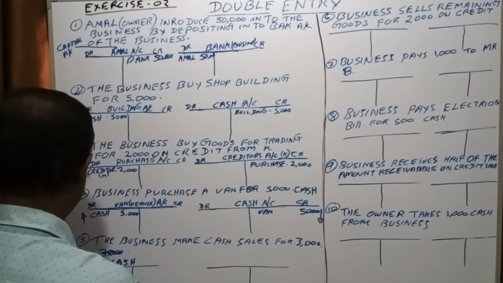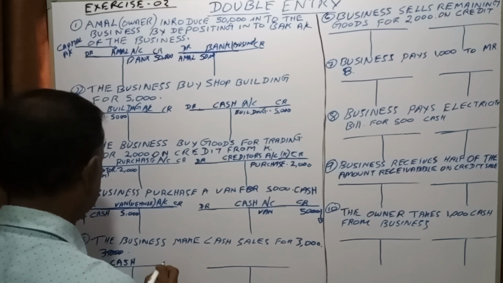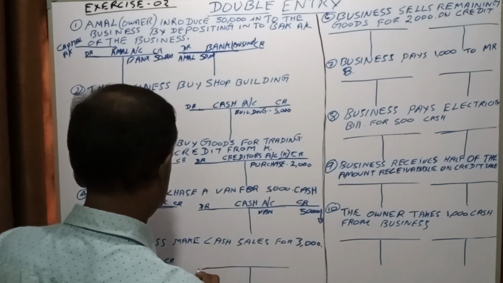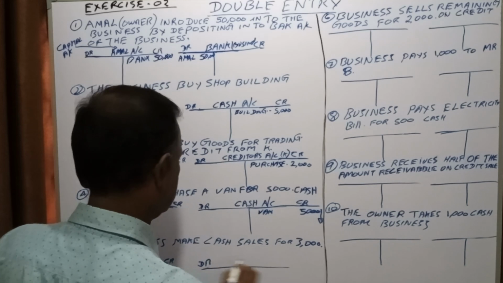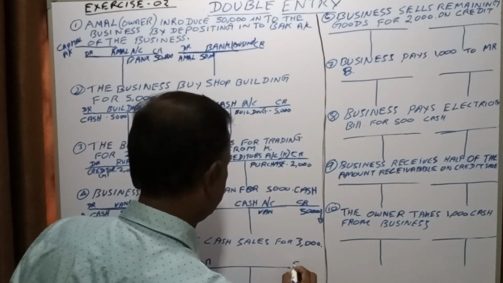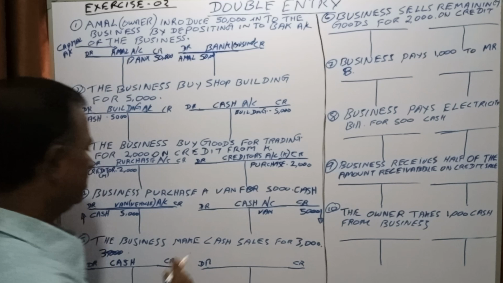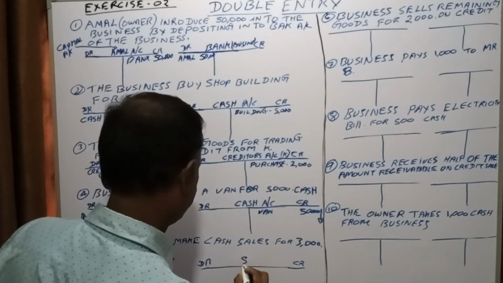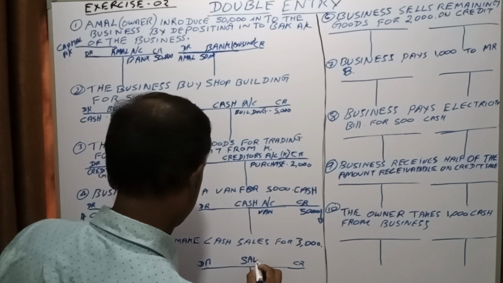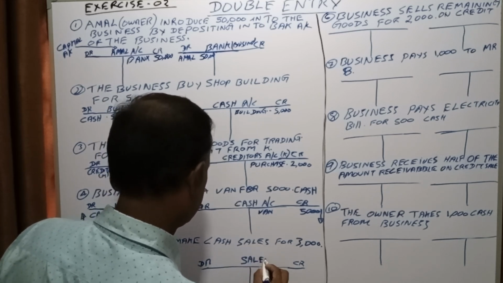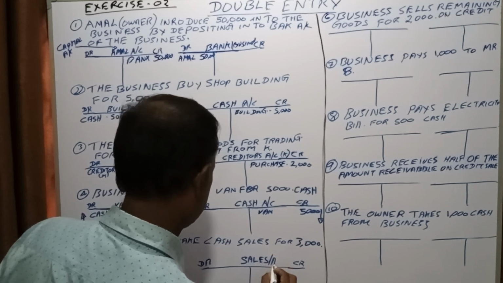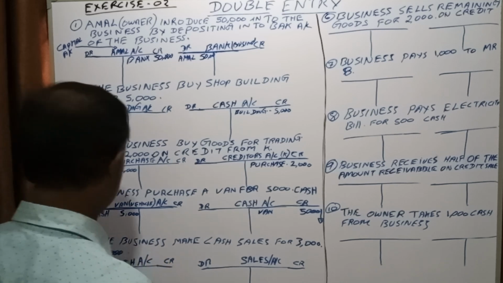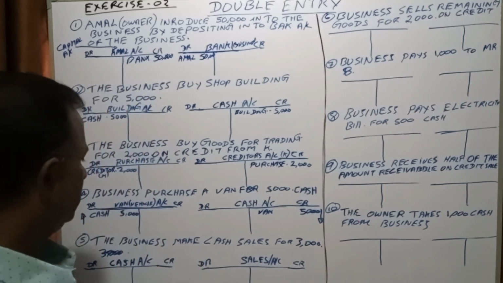Here we will say debit, dr, and here we will say cr. The next account affected is sales. So cash account and sales account.